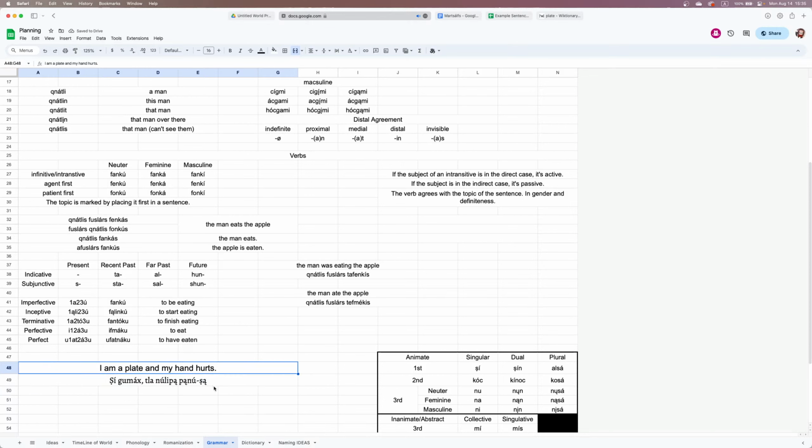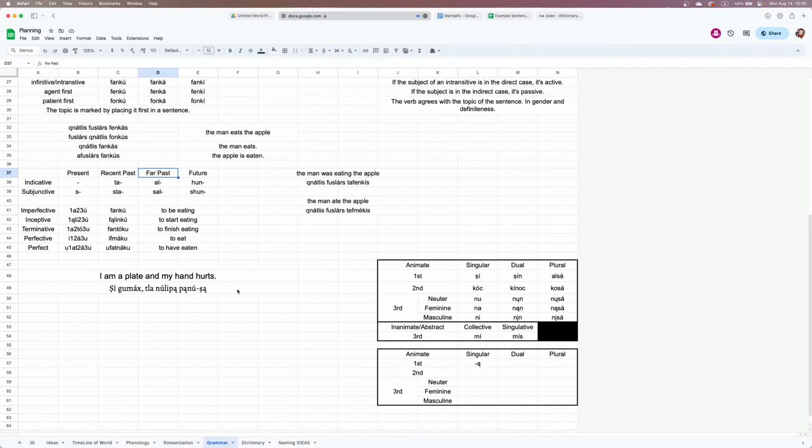Nulipa, panusha. Is there anything else that has to have agreement? So it's intransitive, neuter. No, that's good. So there is our first example sentence translated.